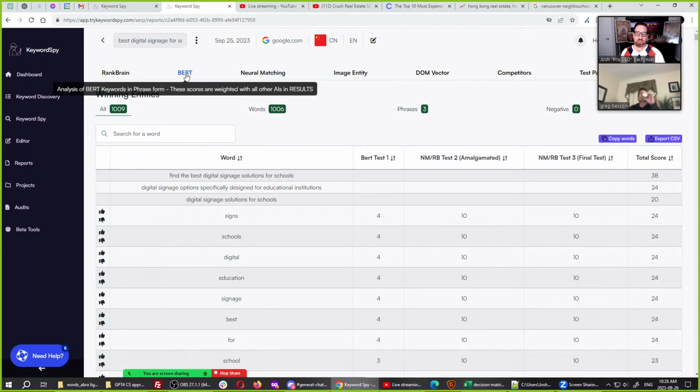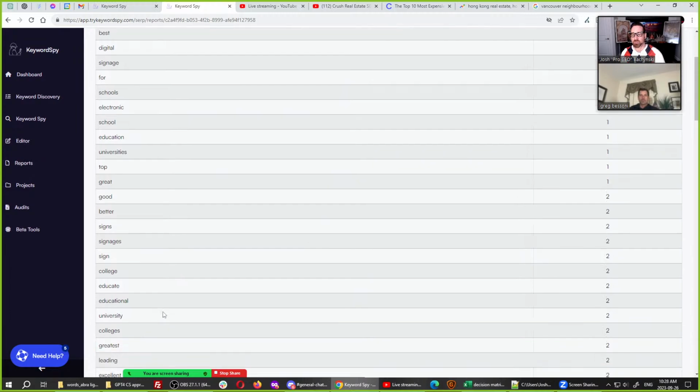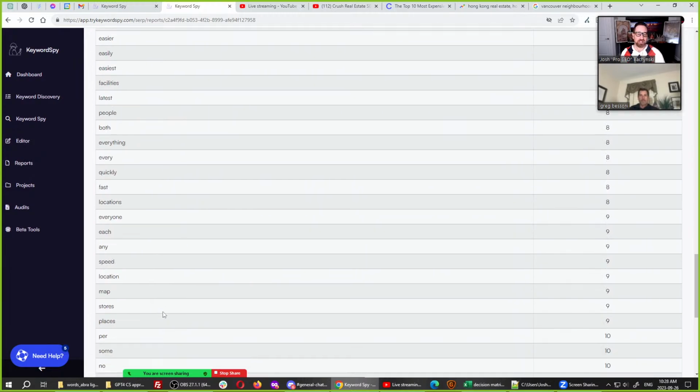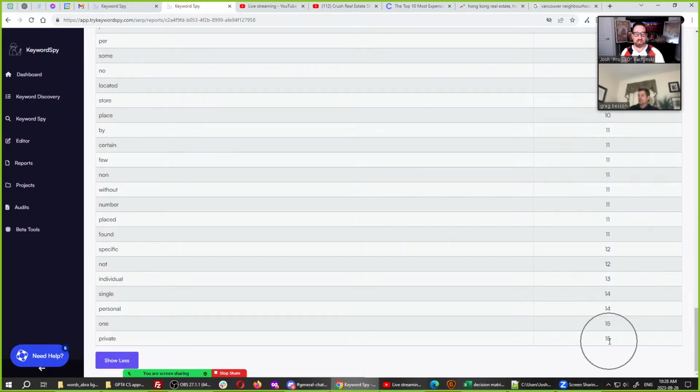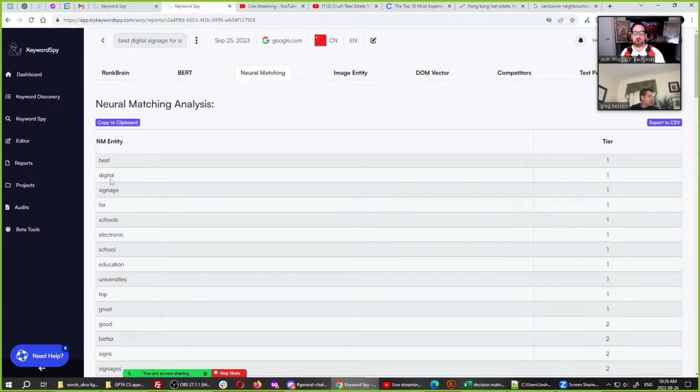BERT, which is their original transformer. TW-BERT, which is coming. Neural matching, which is the biggest on-page algorithm that exists. We reverse engineer this and find all the synonyms and metonyms that you're supposed to be using exactly as Google sees them, down to the 15th tier, right? And quite frankly, no other system does this or even comes close to doing this.